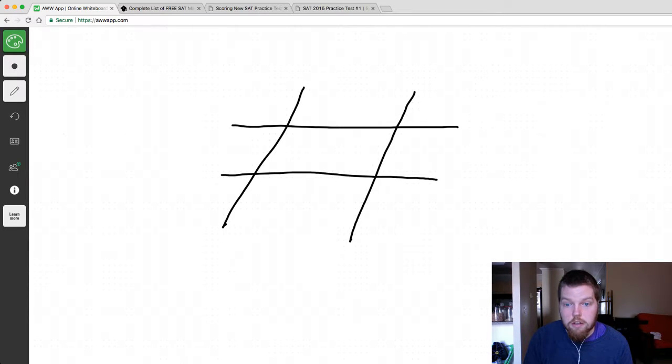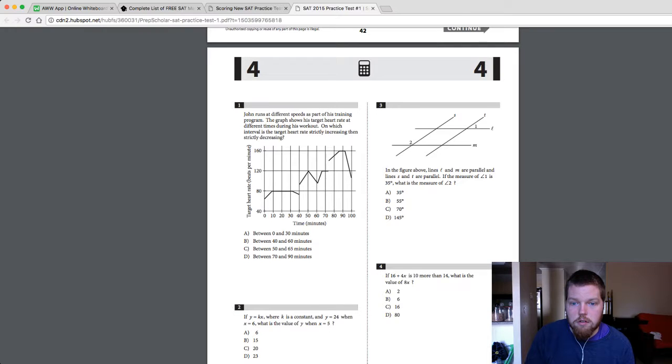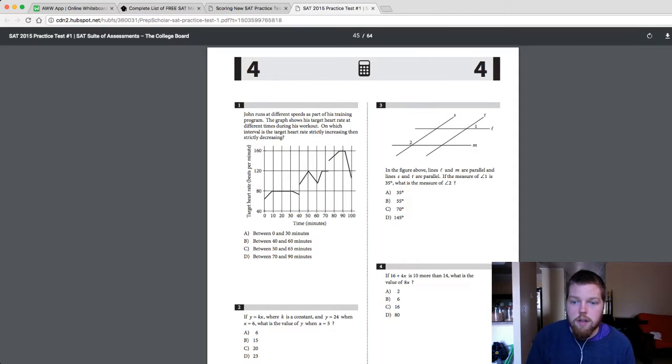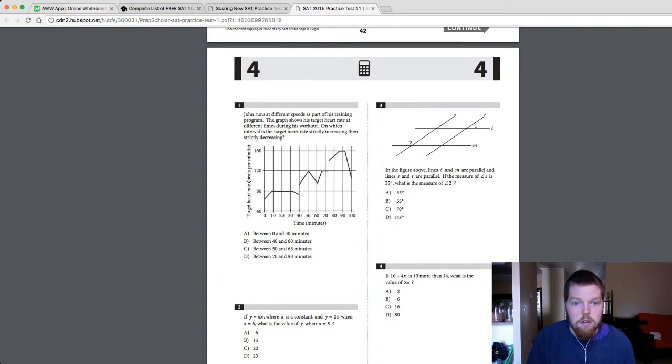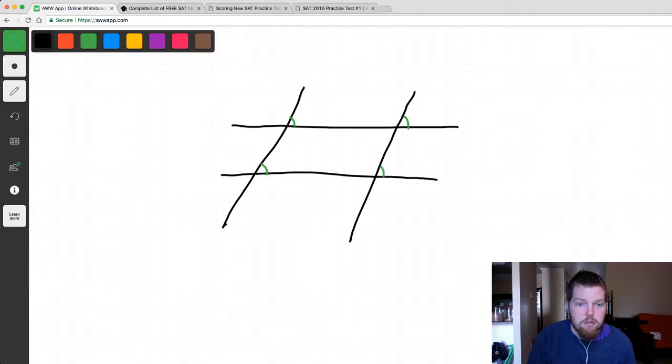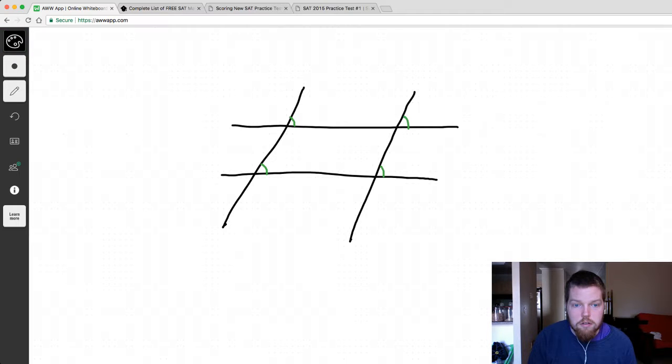So this angle right here is going to be replicated in all 4 of these spots, all 4 of those angles are going to be equal to each other. So it says if the measure of angle 1 is 35 degrees, what's the measure of angle 2? Angle 2 is over here, and this angle 1 is equal to 35 degrees.